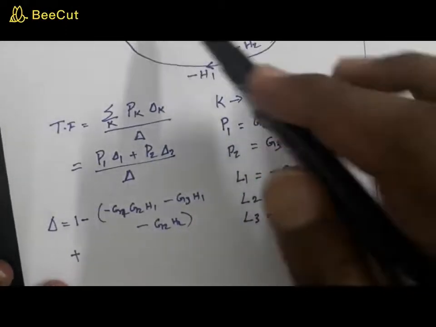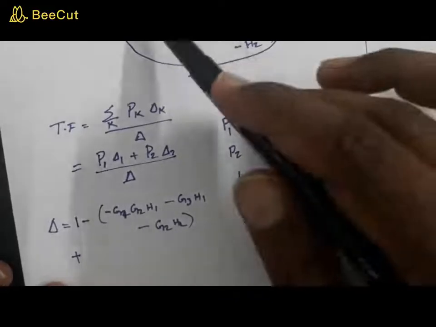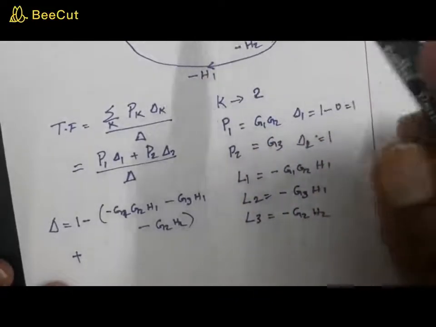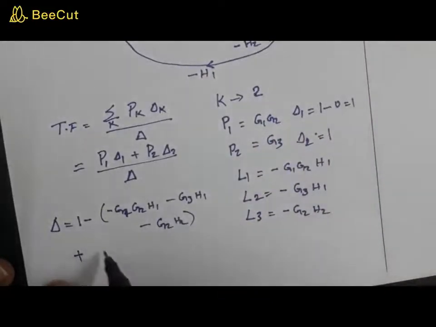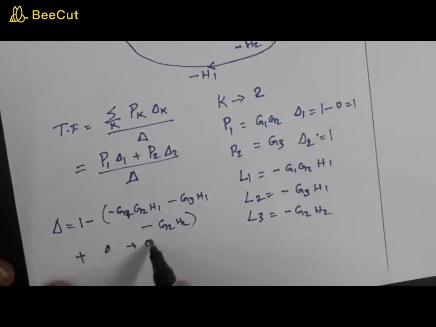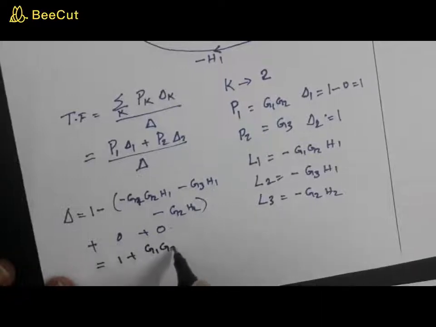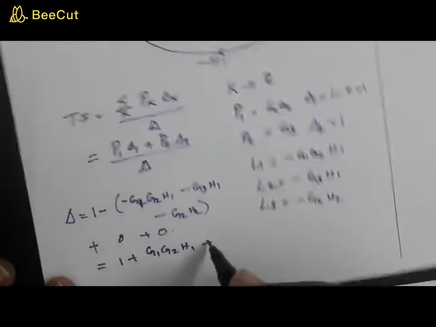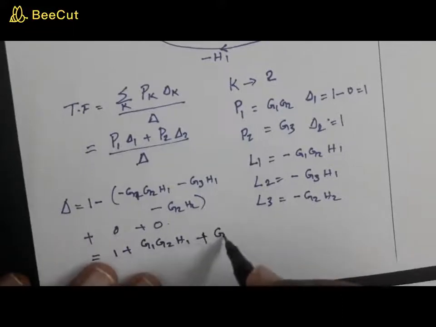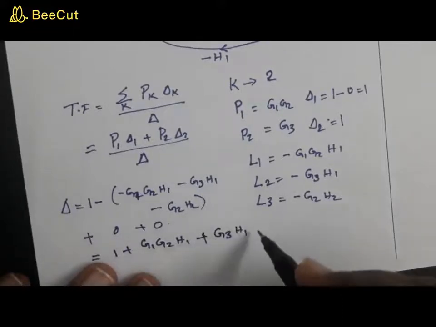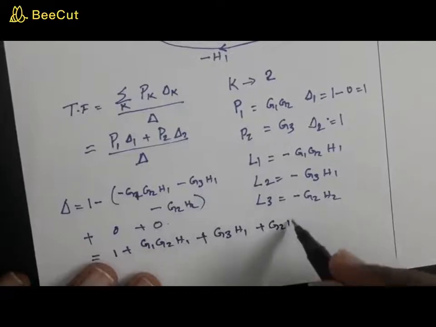This touches this loop as well as this loop, the loop formed by this path as well as this path. So these are touching loops, so you don't have any more terms. This term will be 0. That means your delta is going to be 1 plus G1 G2 H1 plus G3 H1 plus G2 H2.